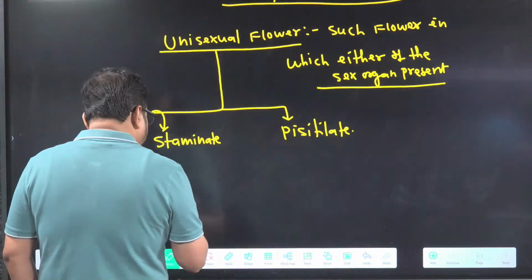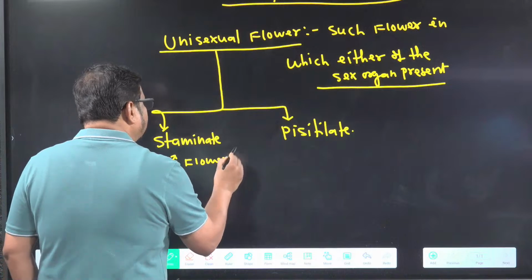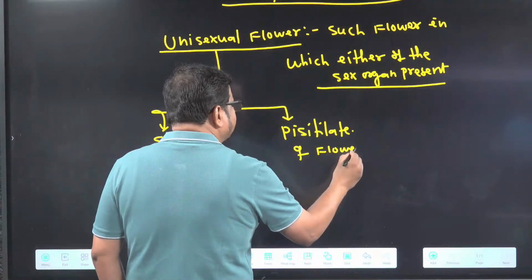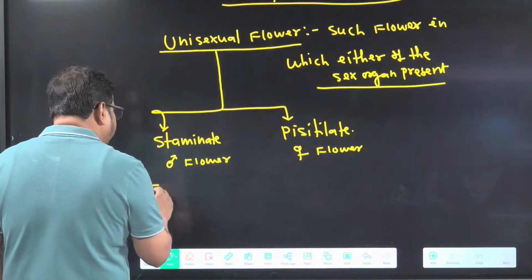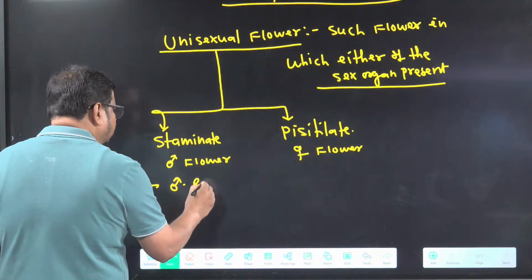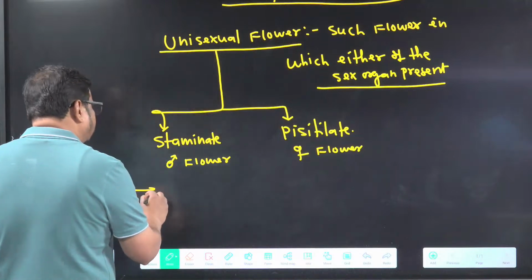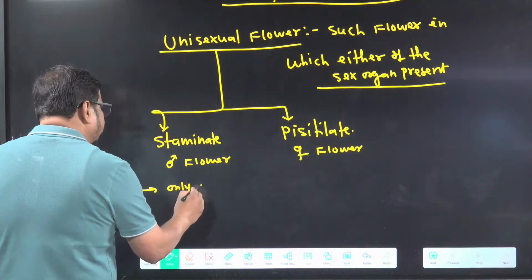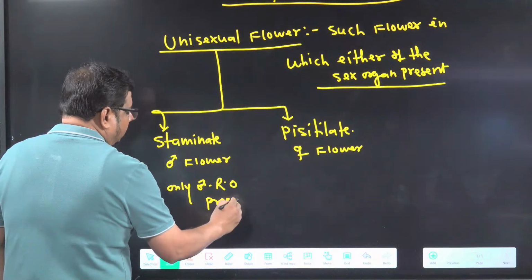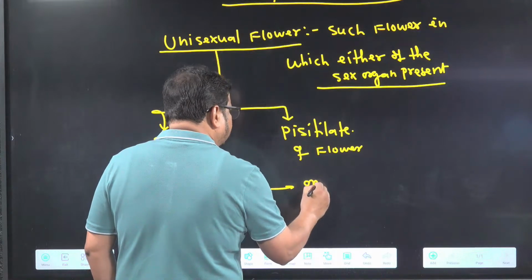Staminate is also called male flower and pistillate is also called female flower. Getting the idea or not? So in a staminate flower, what is present? Only the male reproductive organ is present, out of the two types of sex organs. And in a pistillate flower, only the female reproductive organ is present.